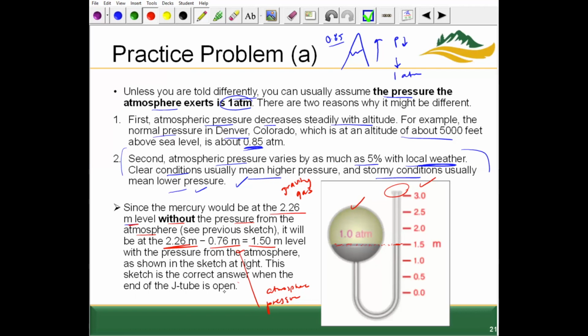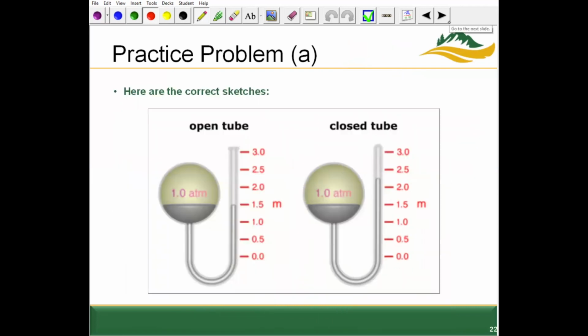So when we have an open tube, atmospheric pressure, gravity, and the pressure of the gas are all at play. When the atmospheric pressure and the pressure in the flask are balanced, we're only concerned with gravity. This makes the pressure level for an open tube 1.5, I should specify, meters of mercury.